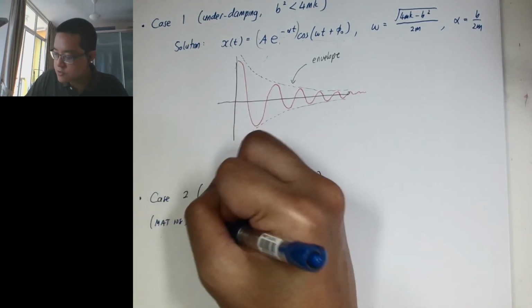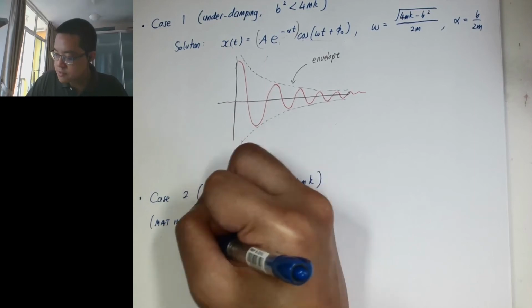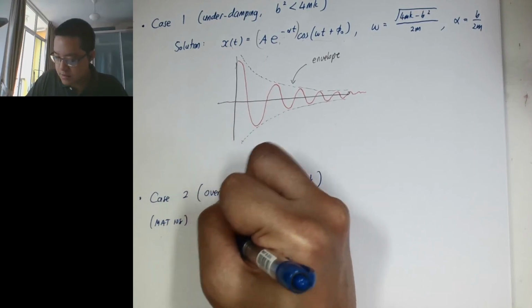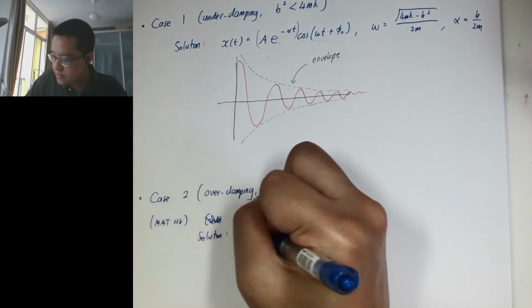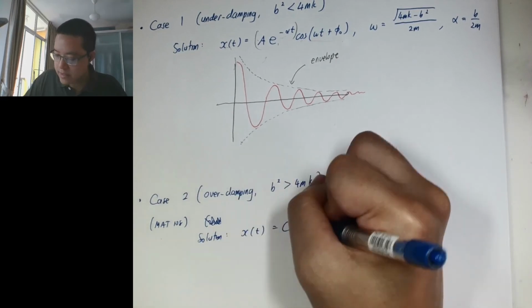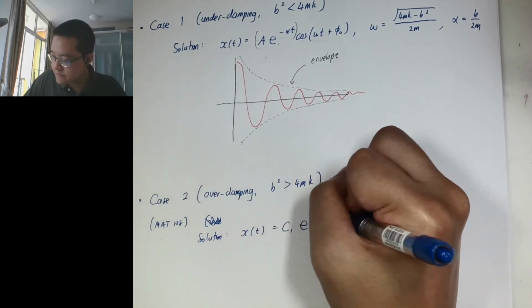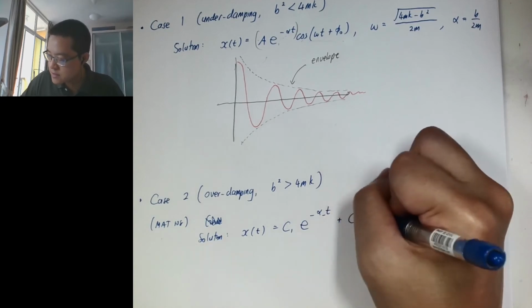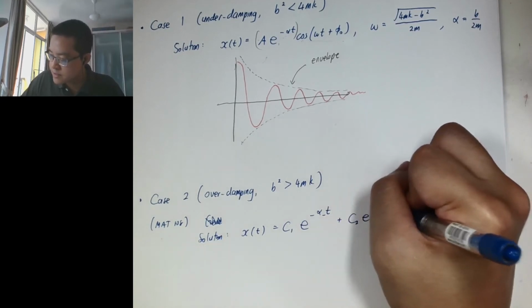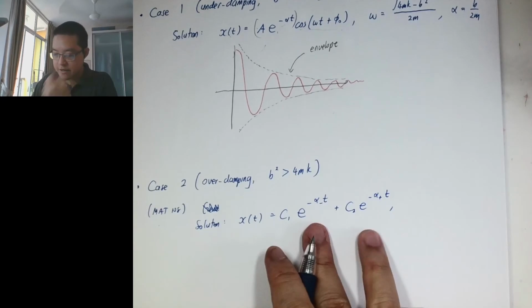The general solution is given by a constant times exponential of alpha negative t, and then another constant times exponential of alpha positive t. So what are alpha positive and negative?